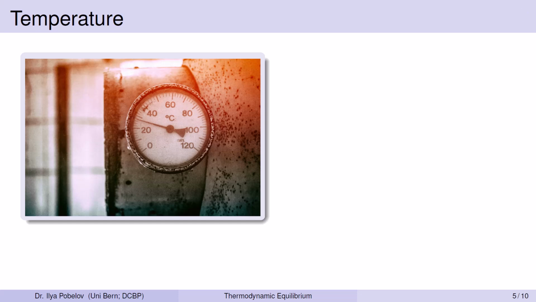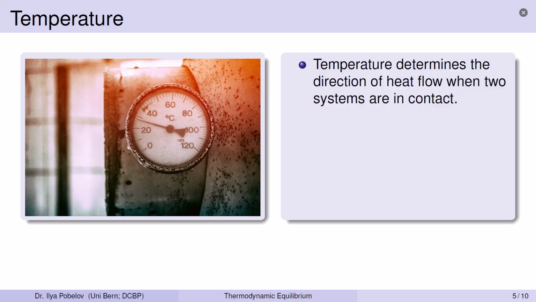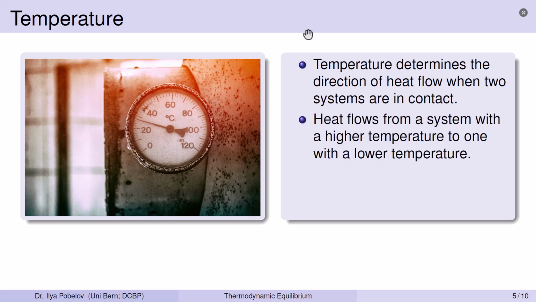Let's take a closer look at the concept of temperature, which is crucial for thermodynamics. Temperature is formally a property that determines the direction of energy flow as heat when two systems come into contact. By our definition, heat flows from a system with a higher temperature to one with a lower temperature.